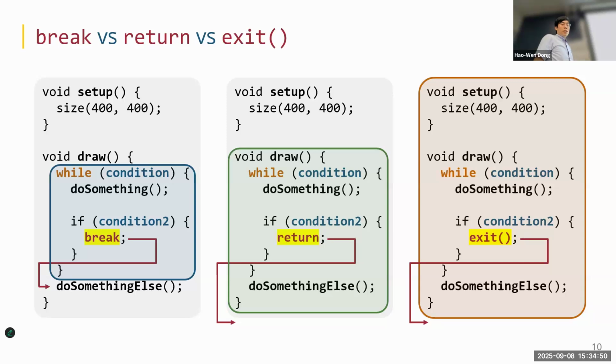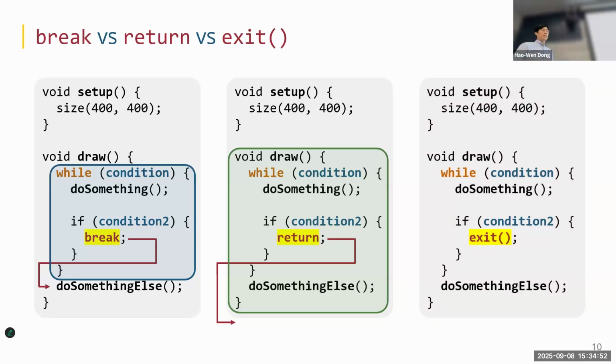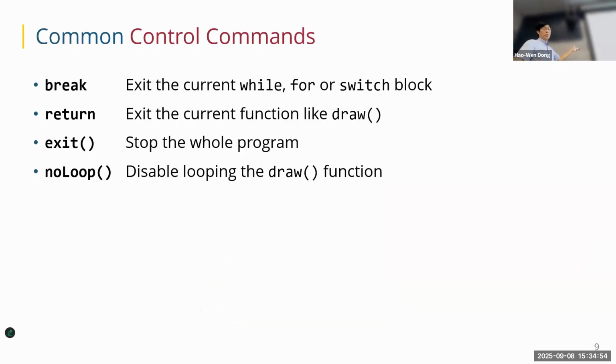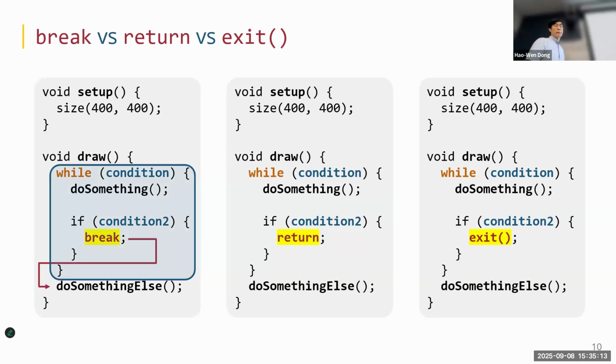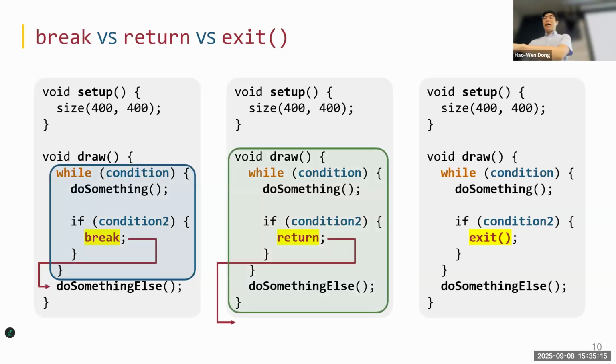That's the difference between break, return, and exit. We didn't show noLoop here, but it is also very interesting because noLoop will freeze the whole function, since the draw function won't be executed again and again. Cool. Likely not something you will experience right now, but good to know that they have different behavior.